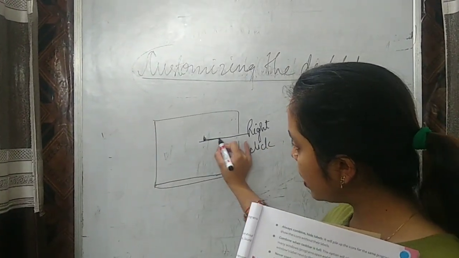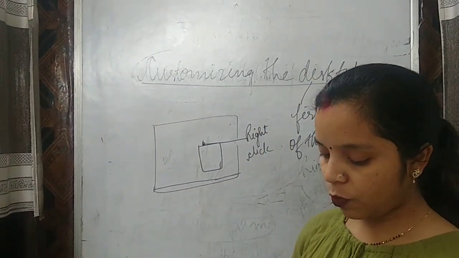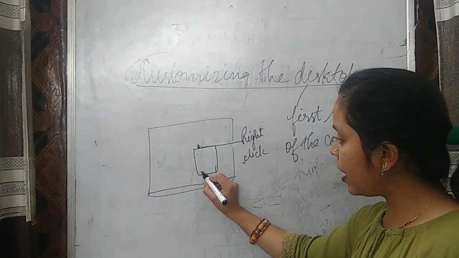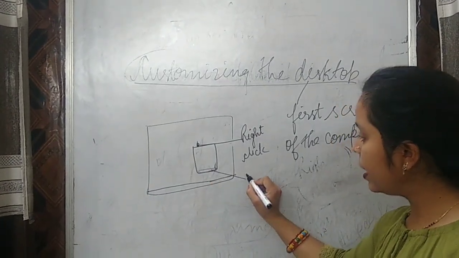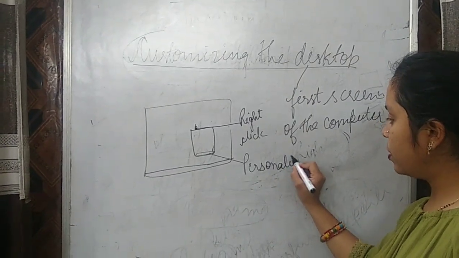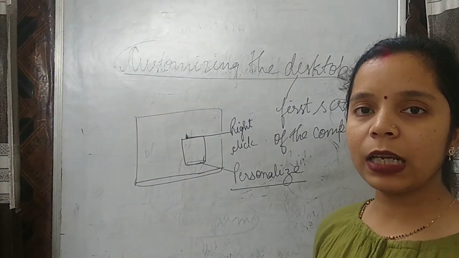When you right click on the desktop, one menu will appear, and from that menu one option is called Personalize. The Personalize option is present in Windows 7.